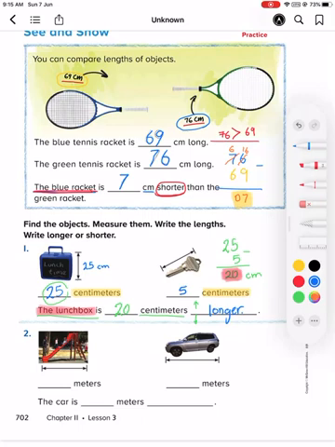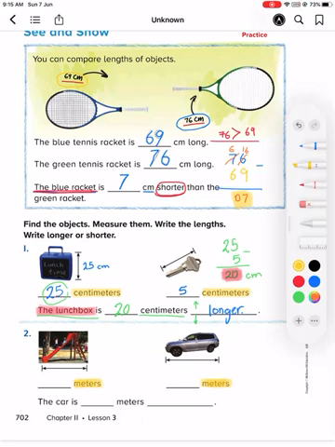I measured these two objects, the slide and the car, using my metric stick. Why did I use my metric stick? Of course, because the unit is meters, and not only that, the objects are huge and long.